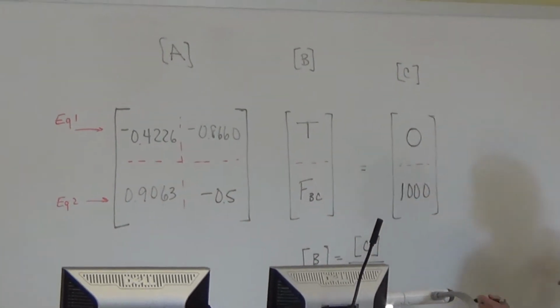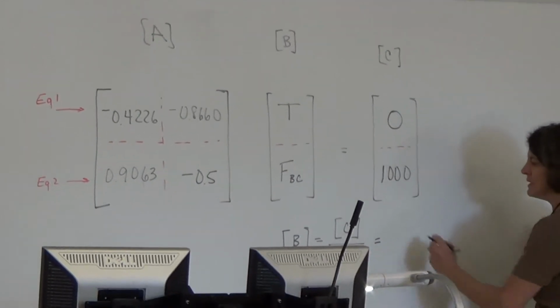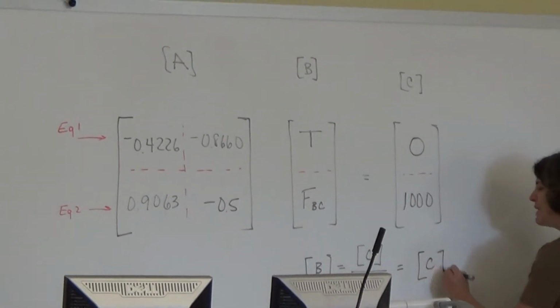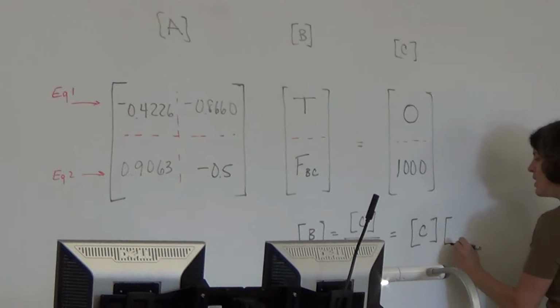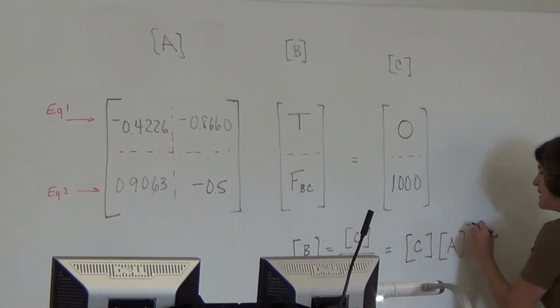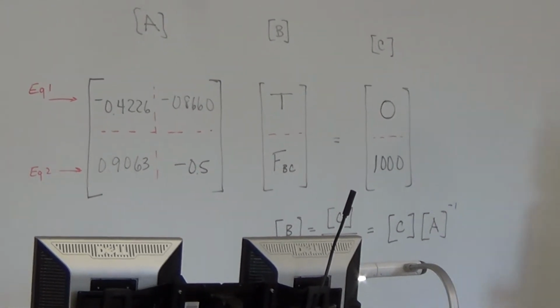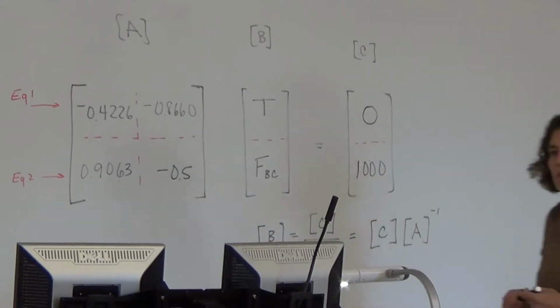The way your calculator likes this written is matrix C times matrix A to the -1. Yeah, Peter? A lot of the calculators just have an RREF function. What's that? Reduced row echelon form. So you build one big matrix, rather than a 3x3, you do a 3x4.